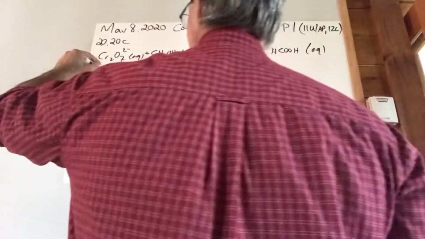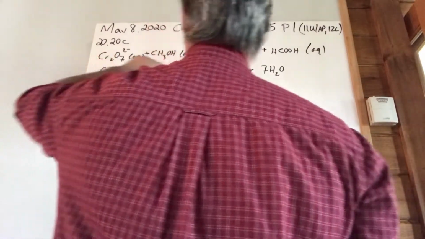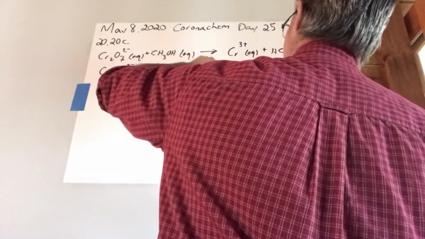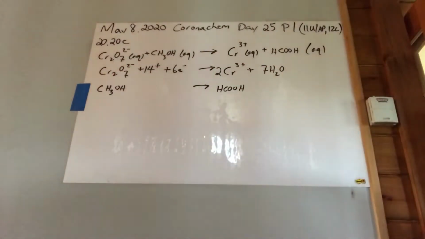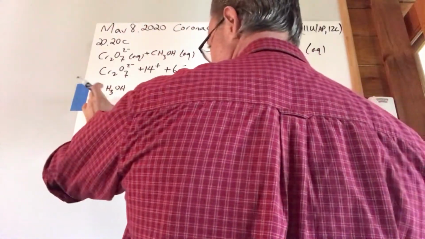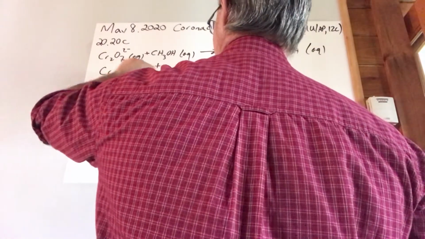Then we move to the second part of the equation, the second half reaction. Methanol becoming methanoic acid. 1 carbon, 1 carbon, 1 oxygen, 2 oxygens. So we're going to add 1 water molecule to balance.